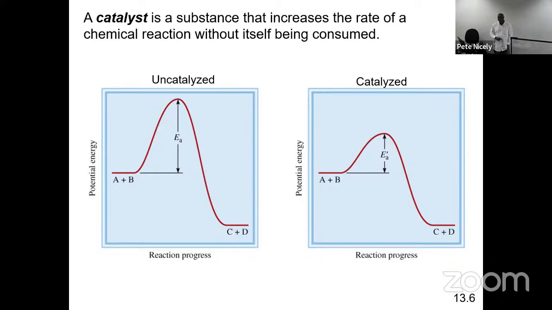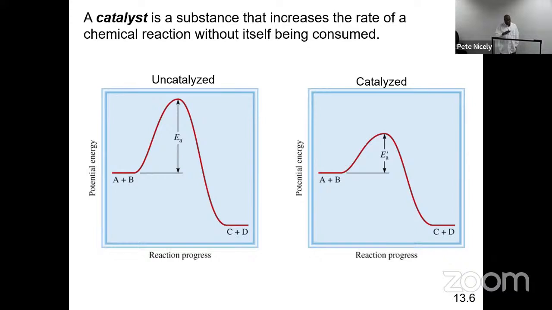There are a couple of examples we're going to look at, but let me just mention one right now. If you take hydrogen peroxide and leave it open to the atmosphere, eventually it will react to form water. If you leave it long enough, you'll have nothing but water left.